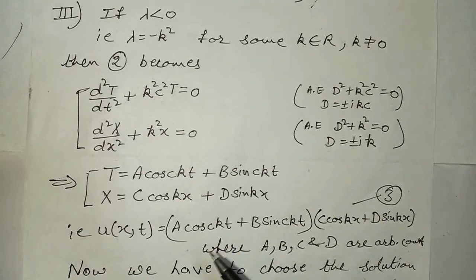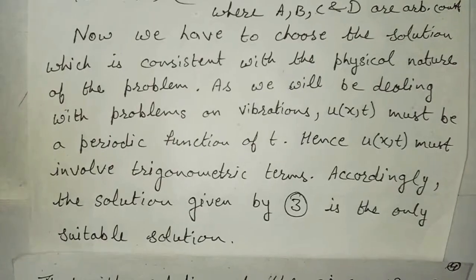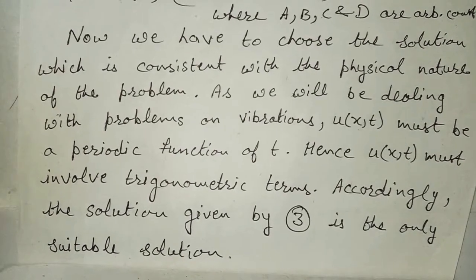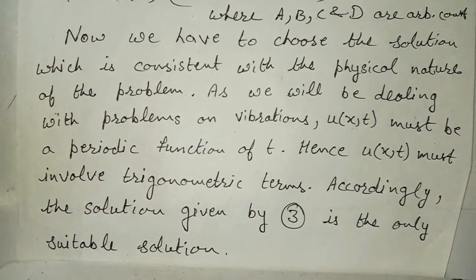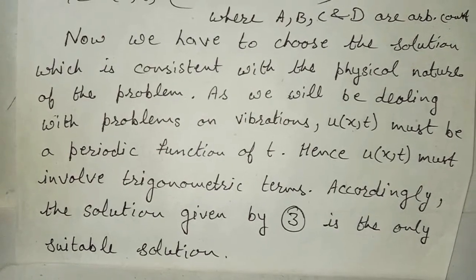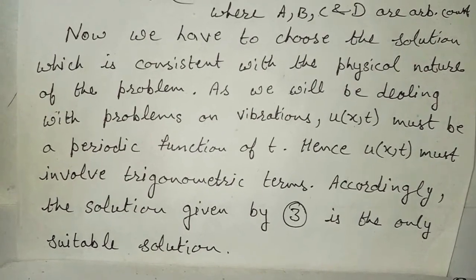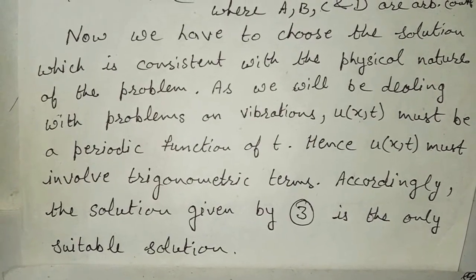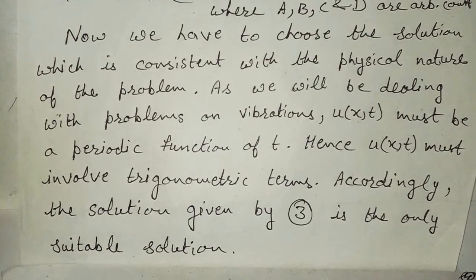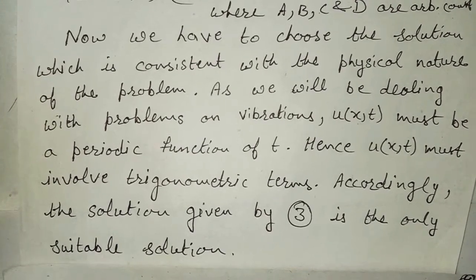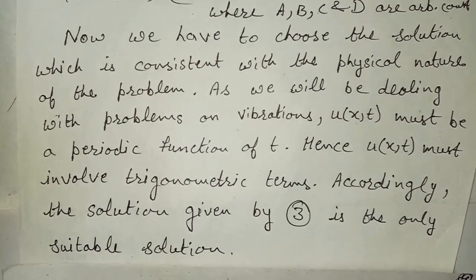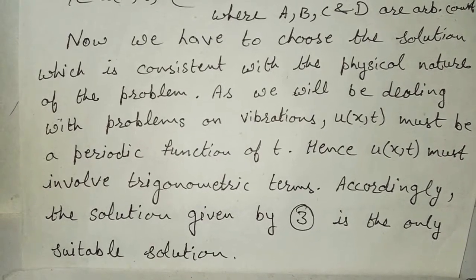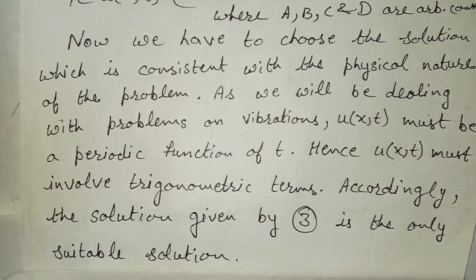Now I want to tell you, in a practical problem, when any question on the wave equation is given to you, you need not show all three cases, because in the wave equation only the third case, when lambda is less than 0, will be applied.